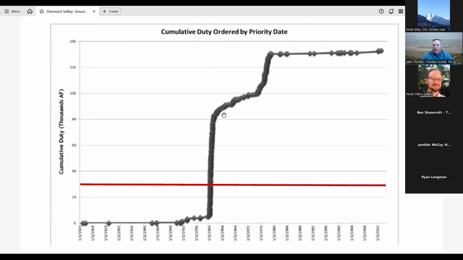And if the state engineer does that, it creates what I call a 10-year stopwatch, where it starts a time frame for local water rights holders to come together and work on developing a community-based groundwater management plan that can build in things for reducing water use other than just strict prior appropriation. So that was in 2011. The state engineer did designate Diamond Valley as a critical management area in 2015.